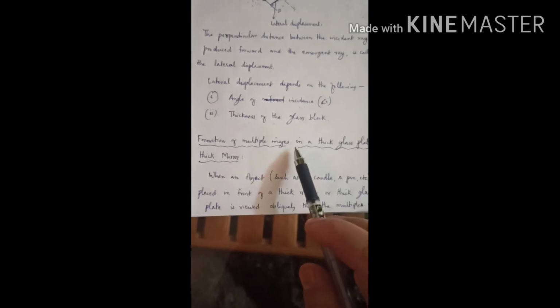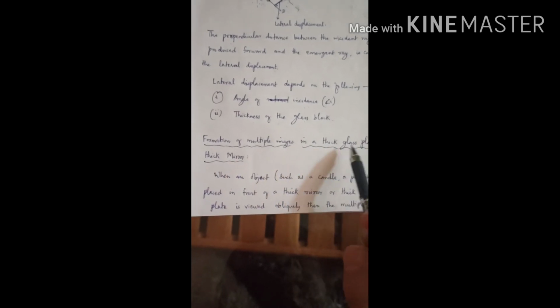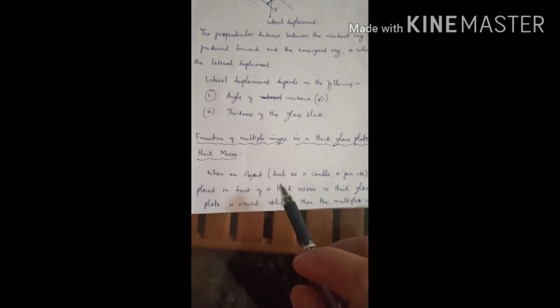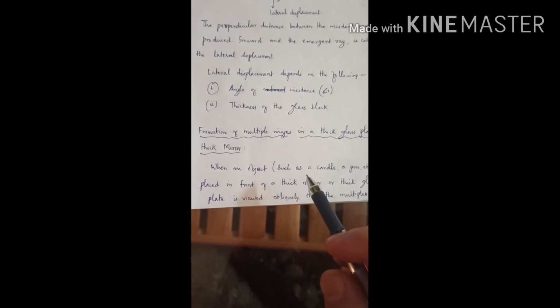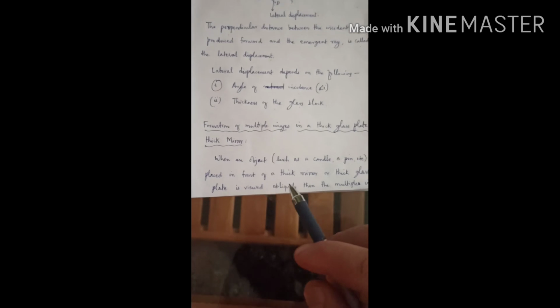Now the next topic is formation of multiple images in a thick glass plate or a thick mirror. You must have noticed this. Whenever you see a thick mirror, then in that case, instead of seeing one image, you see multiple images.